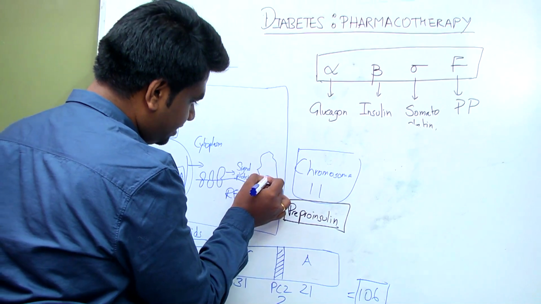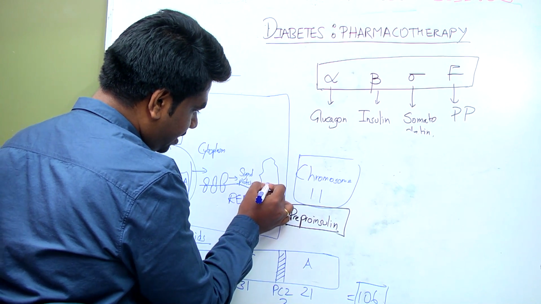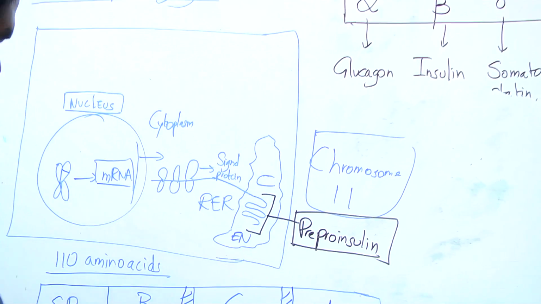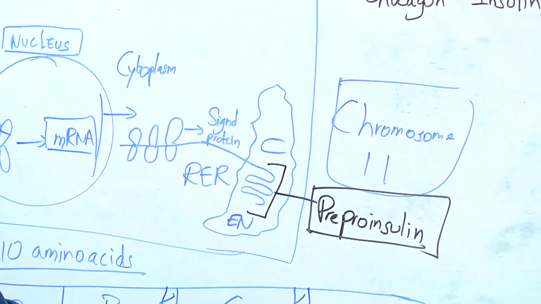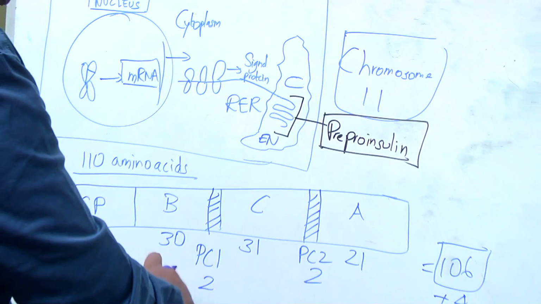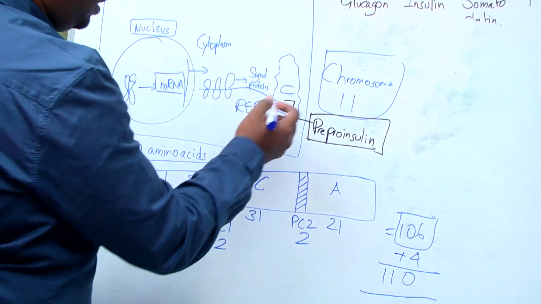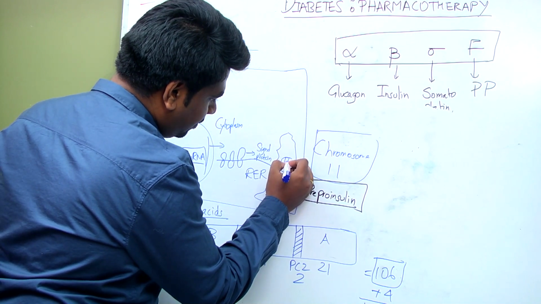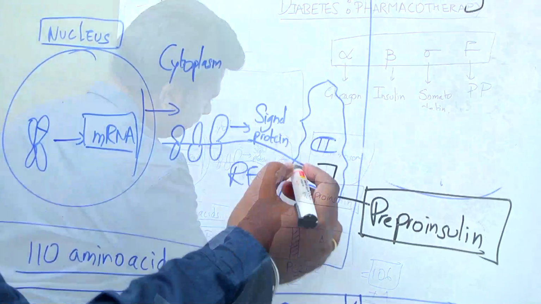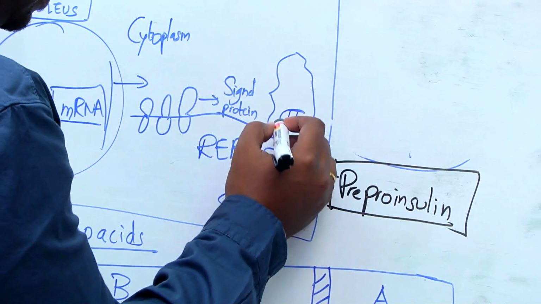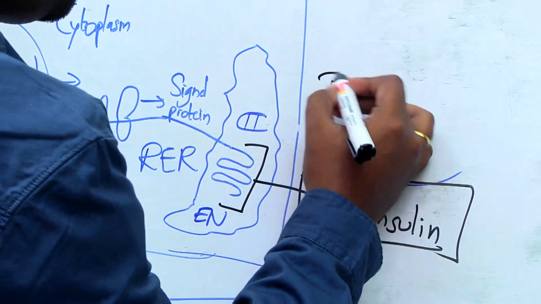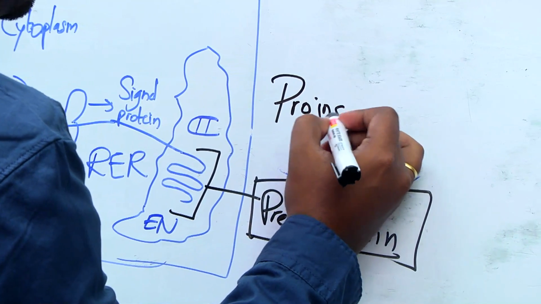So you have your B subunit, C subunit and the prohormone convertase enzymes and the A subunit. Then there are signal peptides which are formed. So from this pre-pro-insulin, your signal protein is cleaved off and then your pro-insulin is formed.